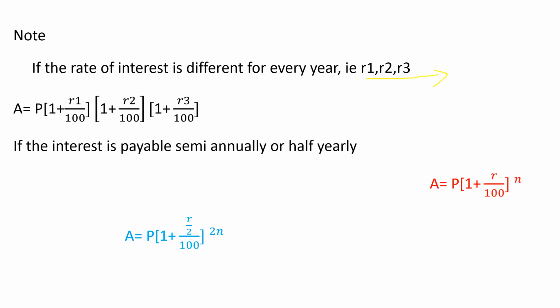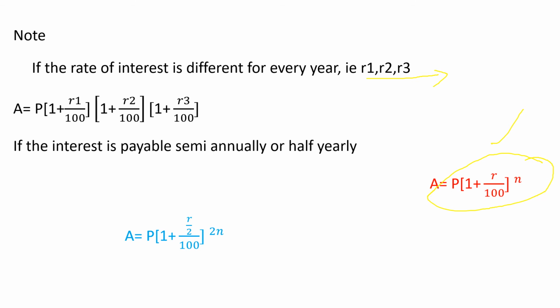So what will be the formula? Amount equal to, what is the formula for amount, children? A is equal to P into 1 plus R by 100 the whole power n. This is the formula for amount, right? If the rate of interest changes every year, we write 1 plus R1 by 100, then 1 plus R2 by 100, then 1 plus R3 by 100.